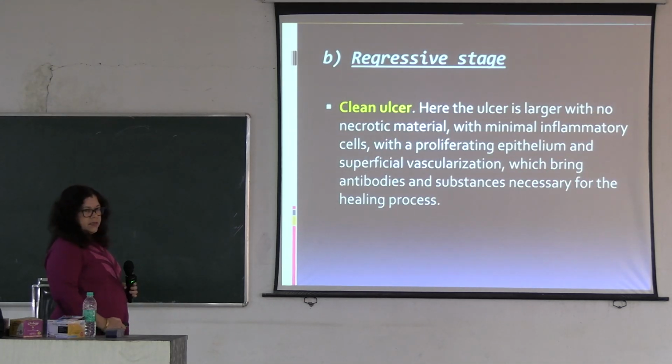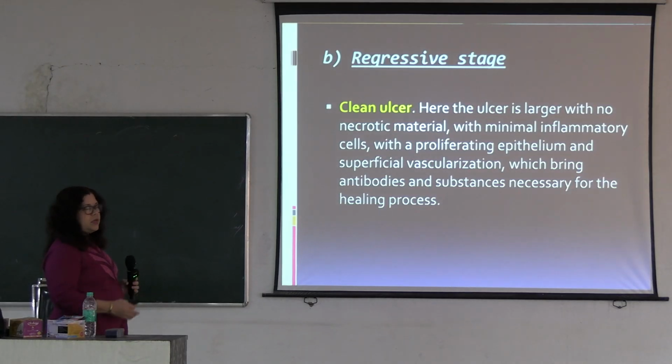Then clean ulcer, it is the regressive stage. Here healing occurs. Here the size of the ulcer is bigger as compared to the progressive stage, and there are no necrotic materials. Inflammatory cells are also reduced in number, and proliferation of epithelial cells starts.